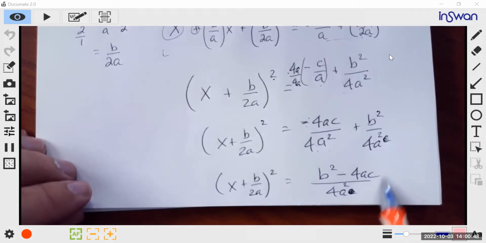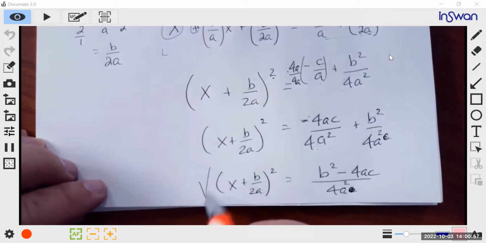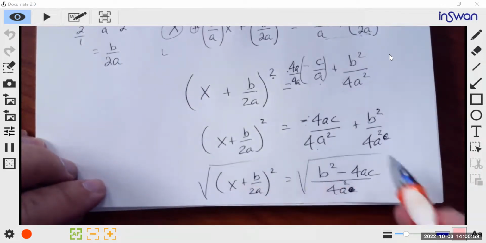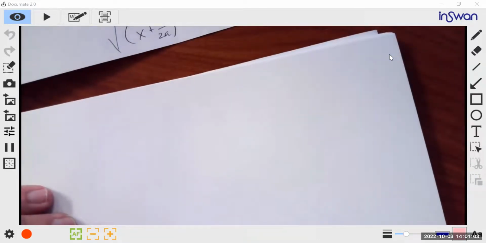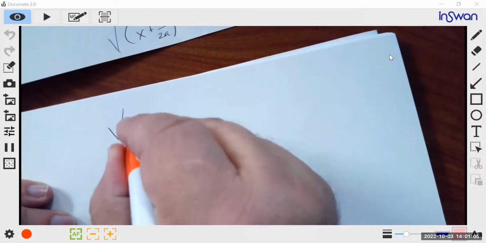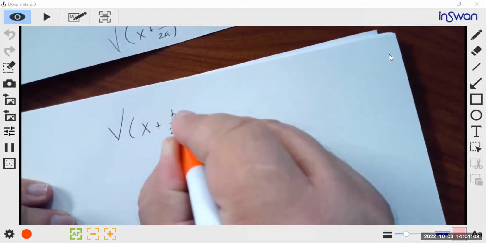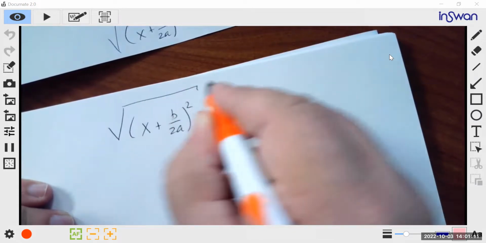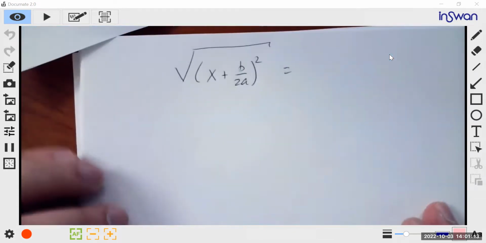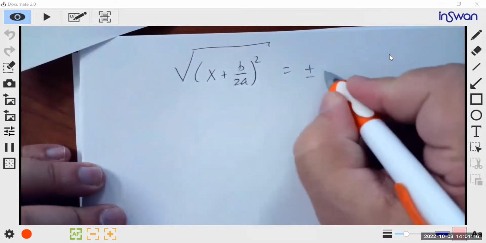We can't go any further here. What do we do on this side? We're trying to get the X by itself, so what do we do? Square root both sides. So we have the square root of X plus B over 2A squared equals the plus or minus square root.